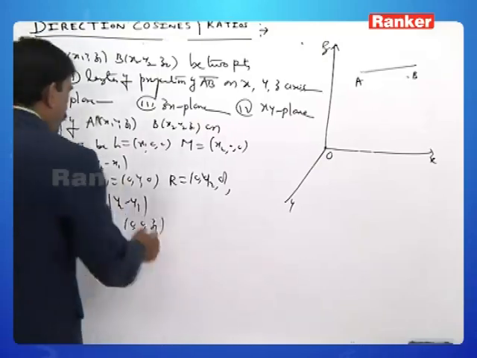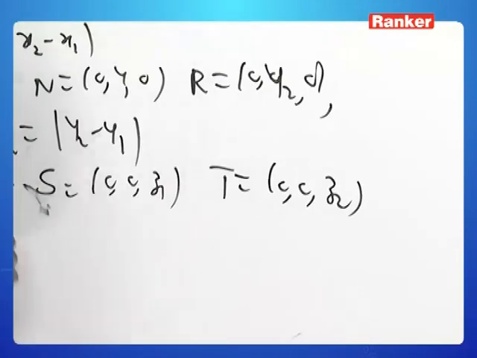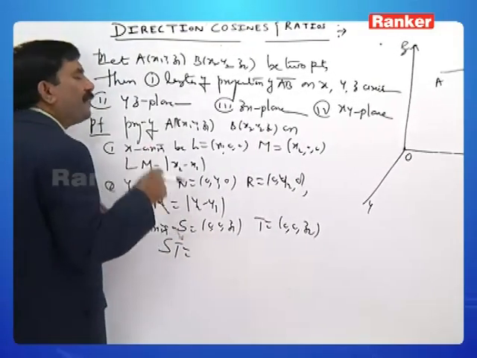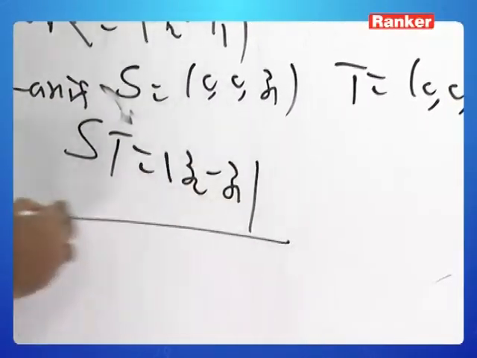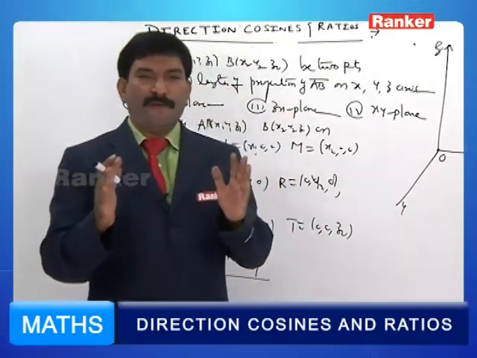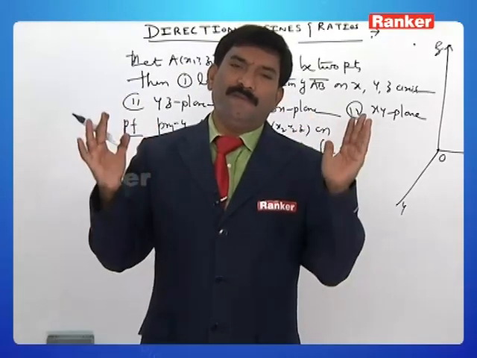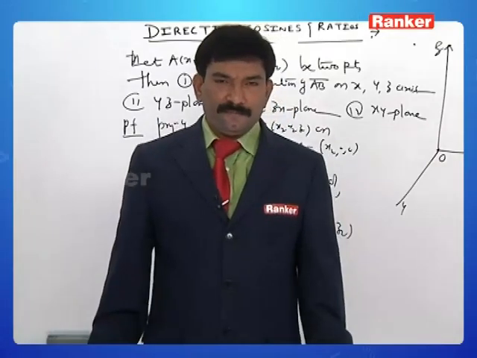So T becomes 0, 0, z2. Therefore, the length of the projection of AB on the z-axis is modulus of z2 minus z1. These are the lengths of the projection of the line joining the 2 points A of x1, y1, z1 and B of x2, y2, z2 on the coordinate axes.